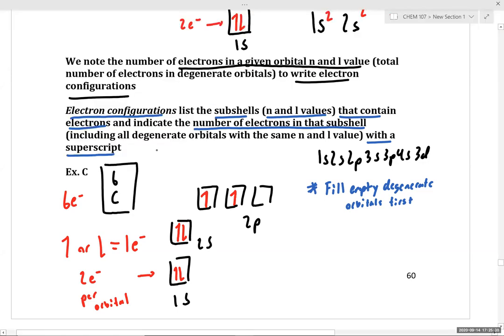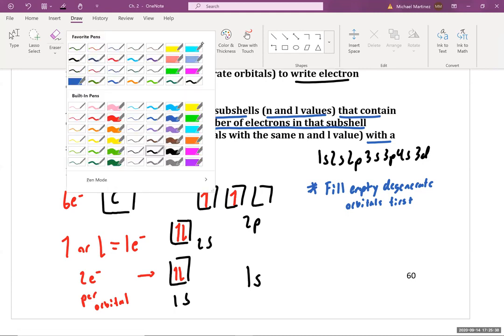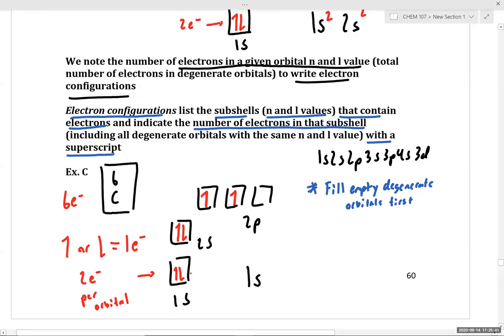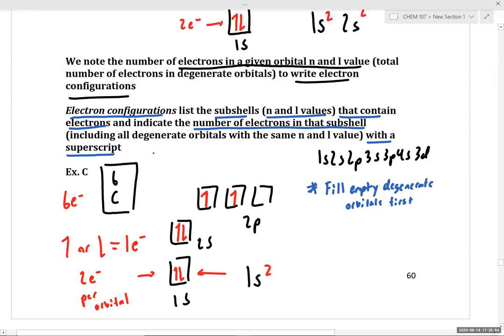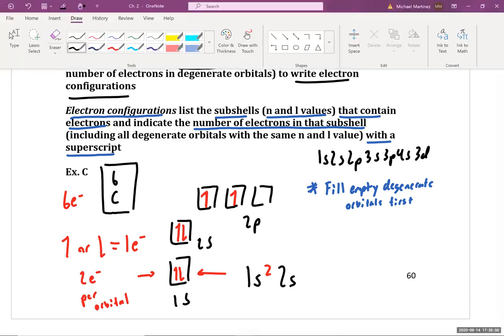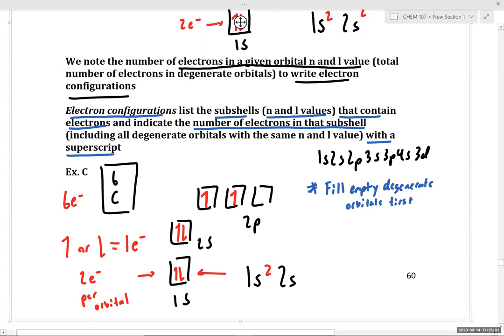In terms of the electron configuration, let's do some counting. In our 1s orbital, how many total electrons do we have? We see 2 electrons. Now let's look at our next highest energy orbital, the 2s orbital. How many electrons do we have in the 2s orbital? 2, exactly right.